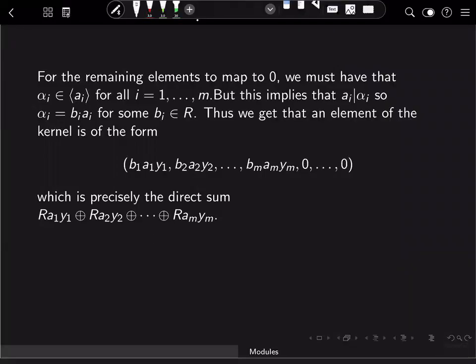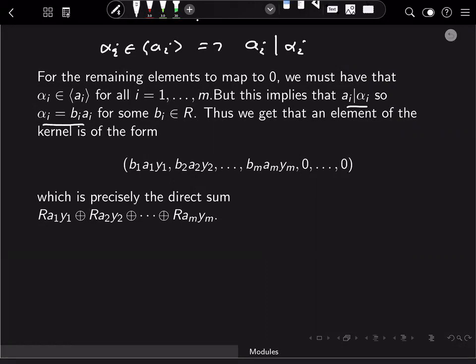But this implies, right? So if alpha I is in the ideal generated by a sub I, that implies that we have this relation here: a sub I must divide alpha I. So we can write alpha I as this kind of product here.